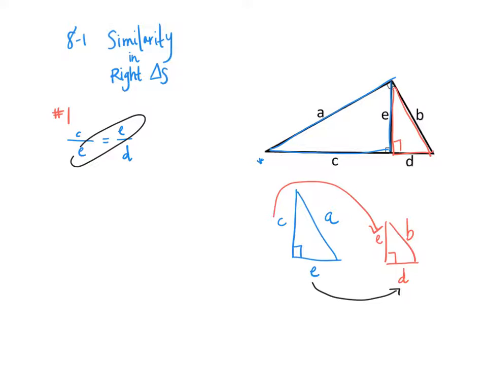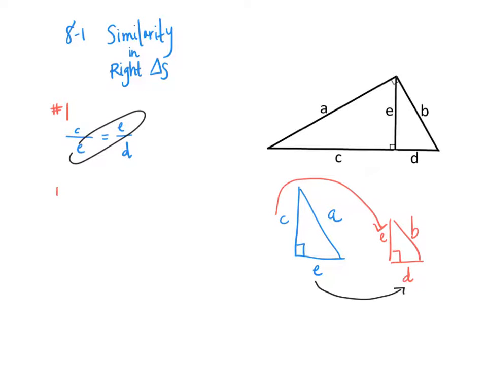But I always think of that upside down T starting from the left side. C is to E as E is to D. That's your first relationship. Okay, now I'm going to tell you the second relationship. And the second corollary actually has both relationships listed together. So this time I like to start from the inside.